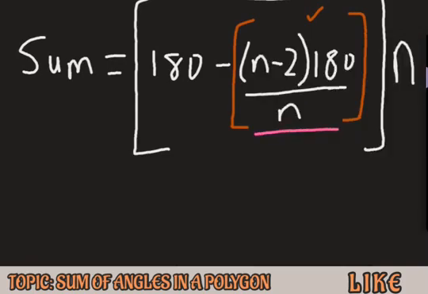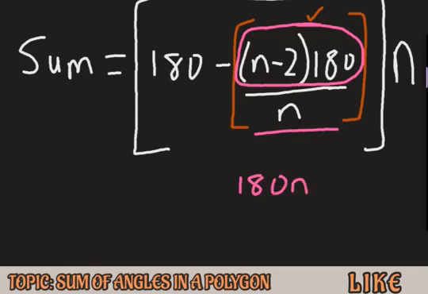So, opening the brackets above, that is this, we are going to have 180n, because 180 will multiply n to give us 180n. Then 180 times minus 2 gives us minus 360.